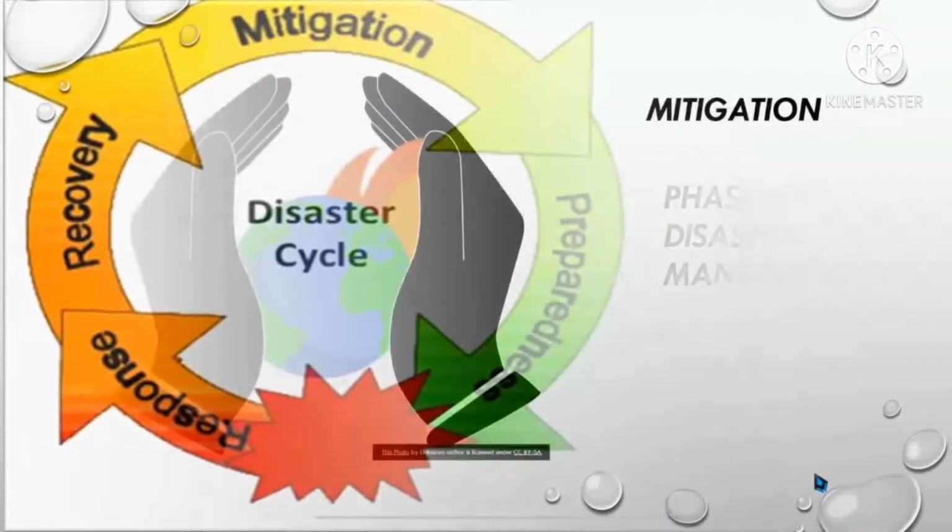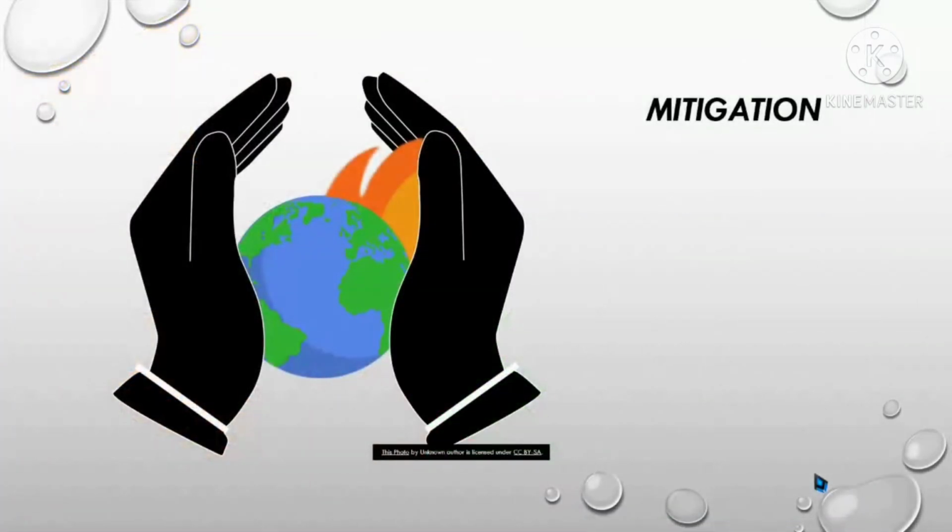So the first phase is mitigation. What is mitigation? Mitigation, in its normal meaning, is the action of reducing the painfulness, that is, how the severity can be controlled. That is called mitigation.